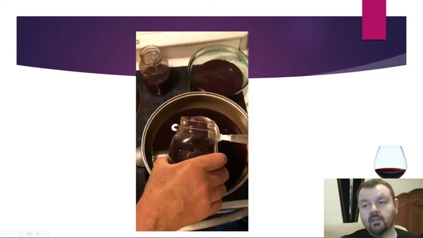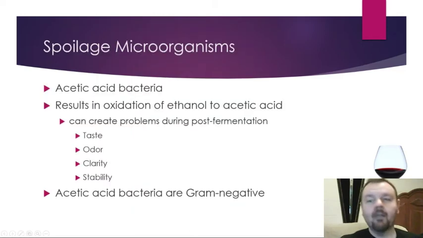Now, since I'm using grapes that I actually picked, juiced, and canned last year, there's a tremendous amount of pulp, and I'm using the mesh strainer to get rid of some of the pulp. Spoilage microorganisms: I'm going to focus mainly on the acetic acid bacteria. Basically, this bacteria results in the oxidation of ethanol, or your alcohol, into acetic acid.